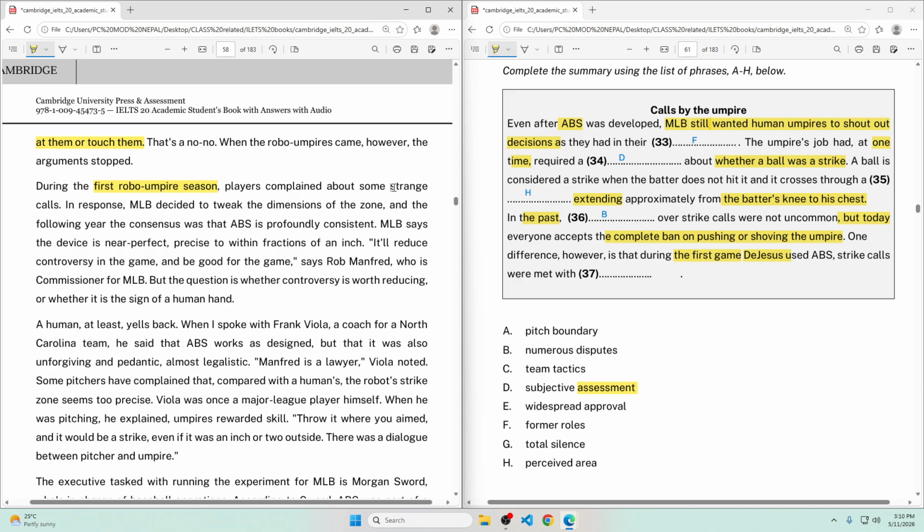Players complained about some strange calls. Strike calls were met with complaints. Players complained. Players complaints.